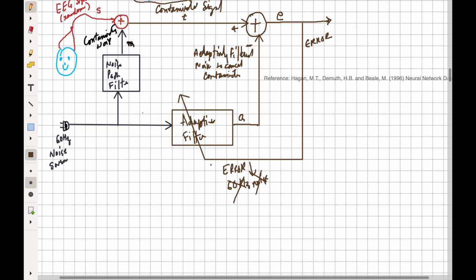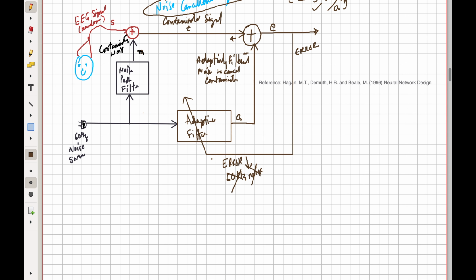We can now draw this as a neural network diagram, and the way we would do that is as follows. The first thing we do is we find the VK, which is the noise, and then we bring the noise in, and here is the delay block that we know, we drew that earlier.